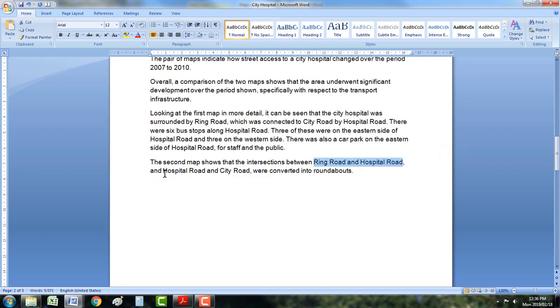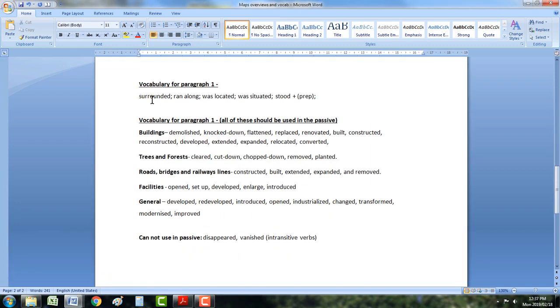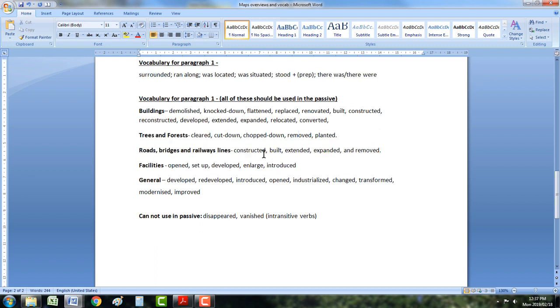It's a little bit clumsy, but I couldn't see any other way to do it. You could say the two intersections, but it's a bit vague. Anyway, let's just look at this. We didn't use any of these, because you want to use the there was. Those are the most important things for this paragraph. Anyway, so I used converted.